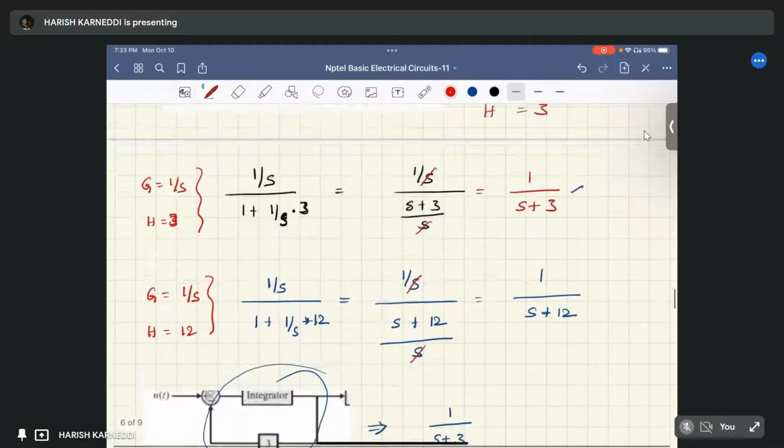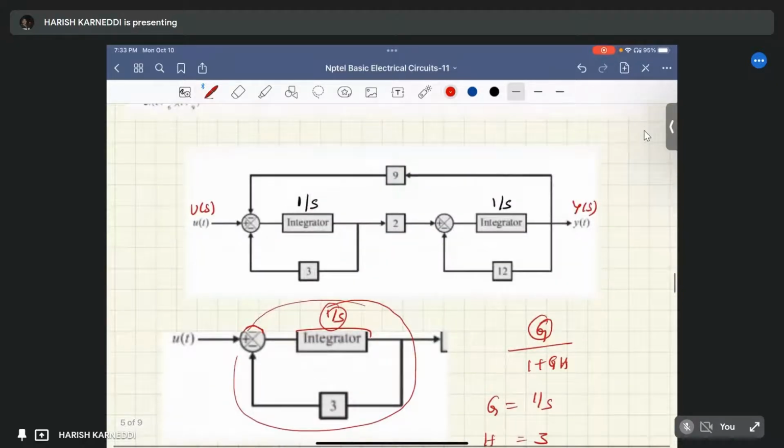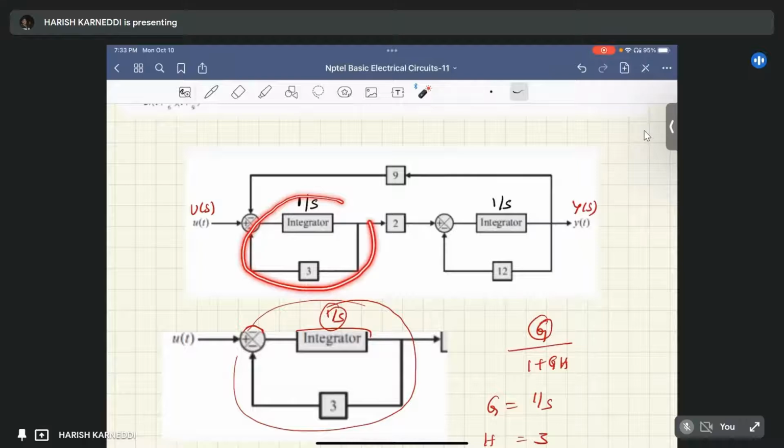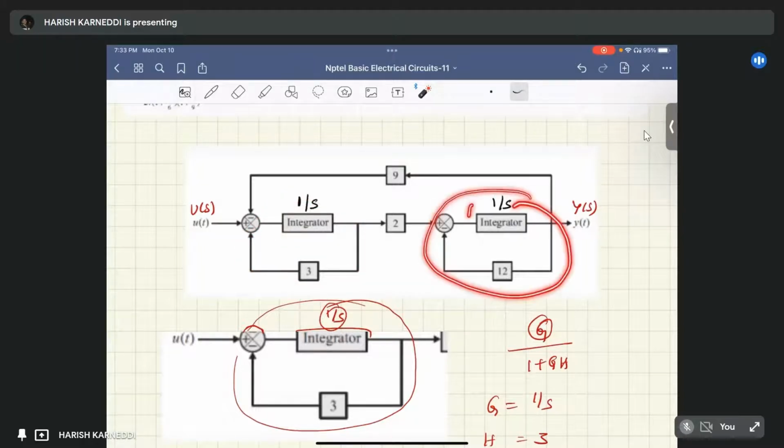So our complete block diagram is this one. First, we simplified this portion represented in one gain block, and we simplified this block represented in one gain block.